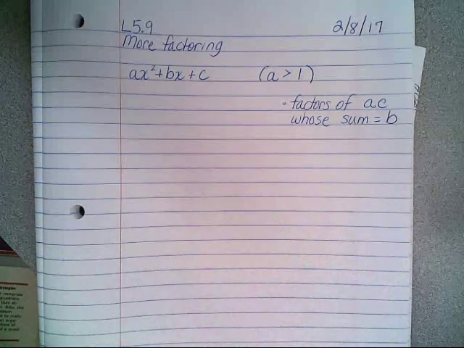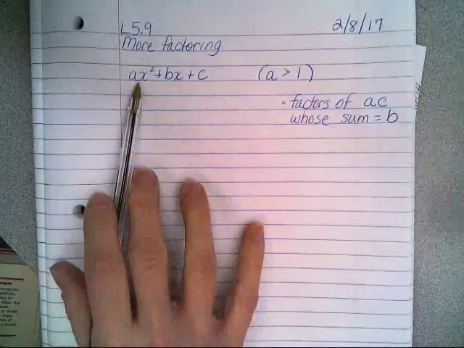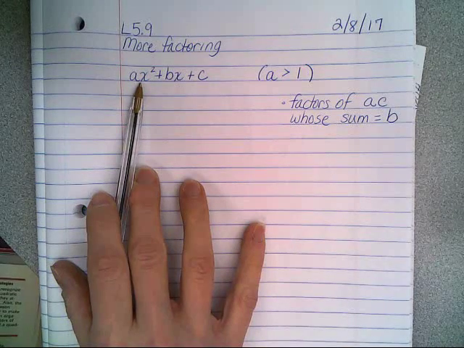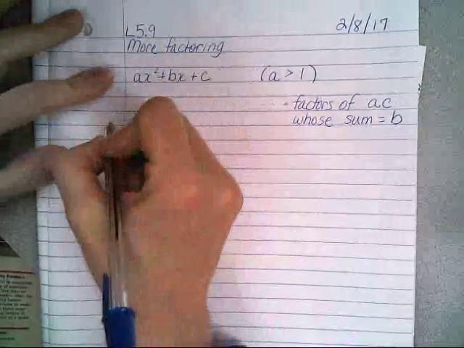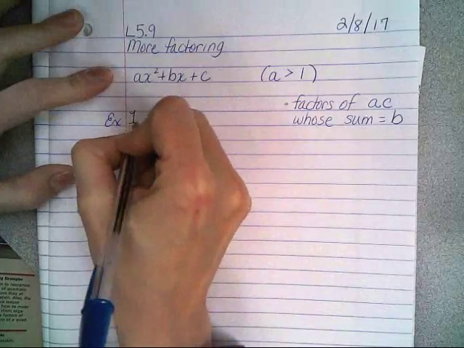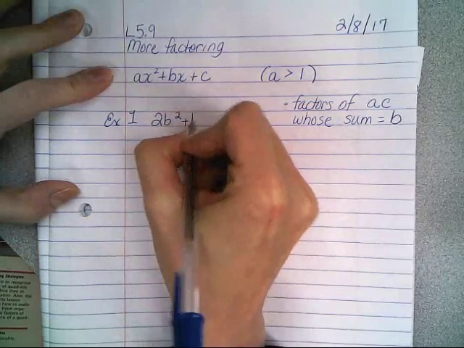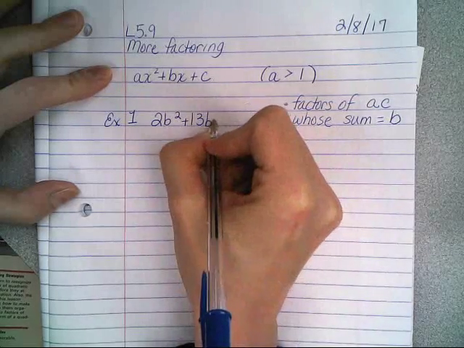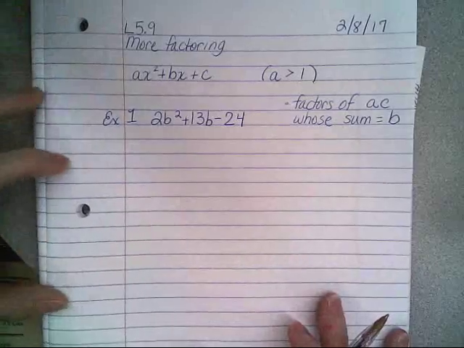We're only going to do examples 1 and 2 today, and those are examples where the a value is positive. So to start with, let's look at our first example. I'm going to give you 2b squared plus 13b minus 24 as our first volunteer.